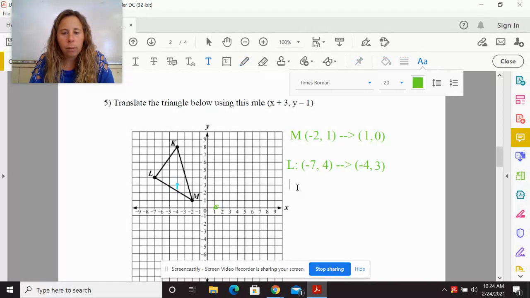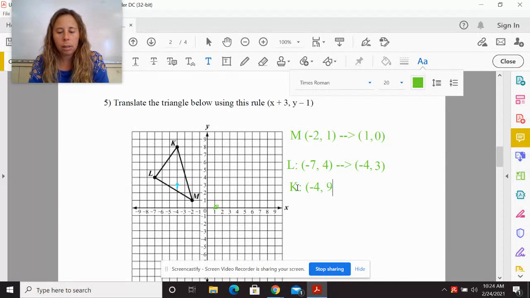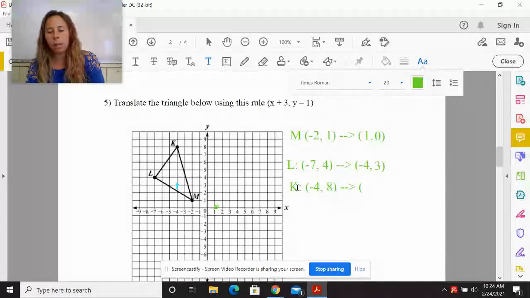Okay, and then pause me and try to find K. So K is at -4, 8. We're going to go to the right 3 and down 1. So -4 plus 3 is -1.